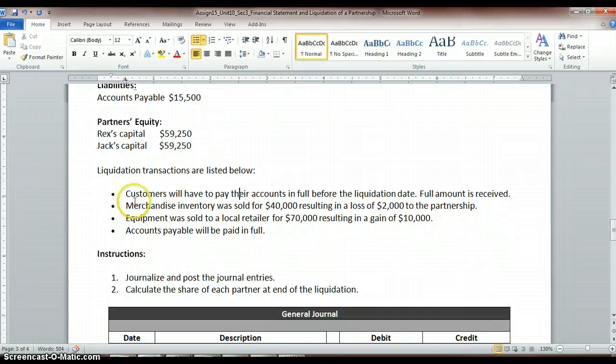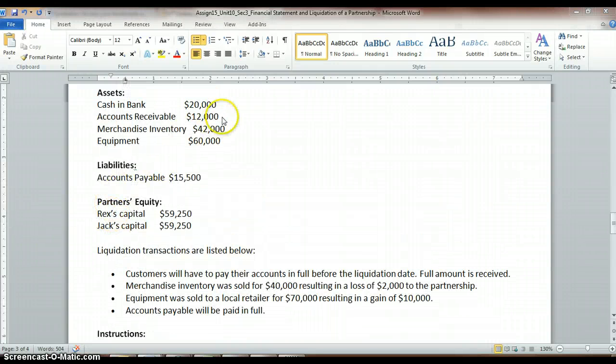So what we do then is we have to record these transactions. For instance, in this first one, customers will have to pay their accounts in full before the liquidation date. The full amount is received. So it's saying that this $12,000 that we were owed by customers, we were able to collect all of that.